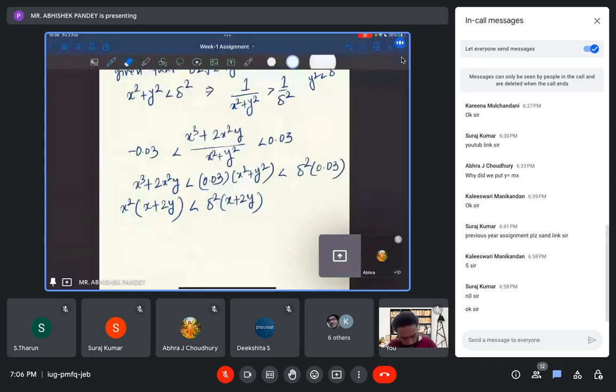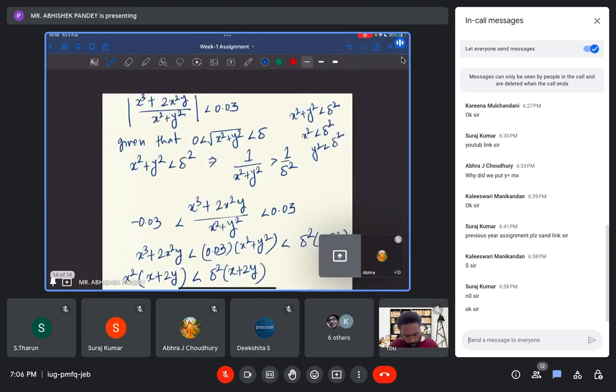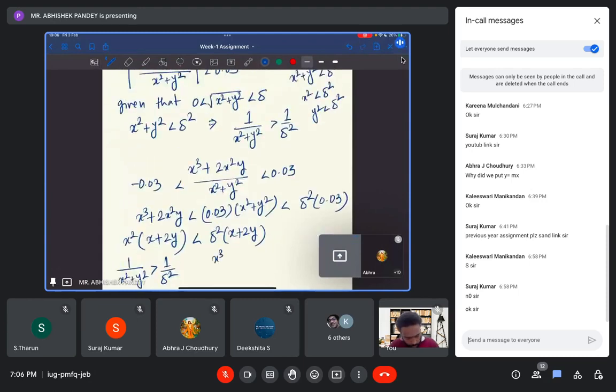Here we are getting that 1 by x square plus y square is greater than 1 by delta square. Okay, and we have x cube plus 2x square y upon x square plus y square less than 0.03.